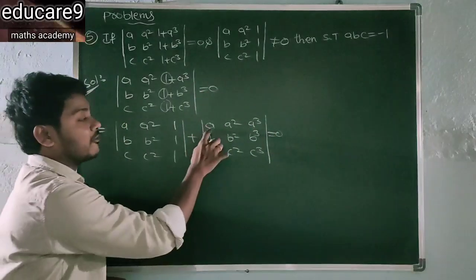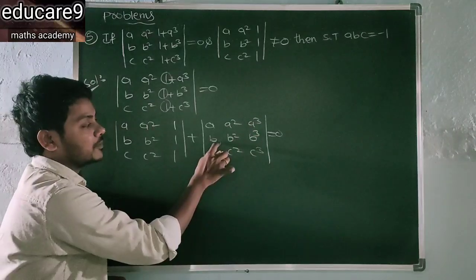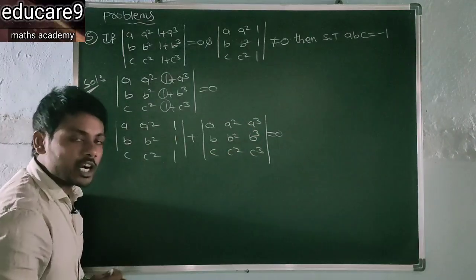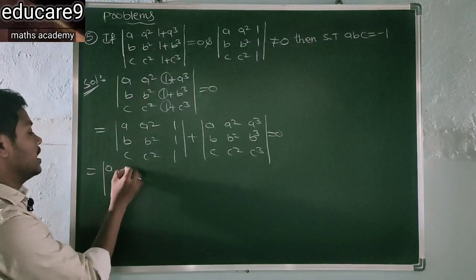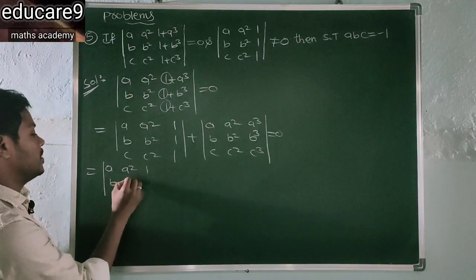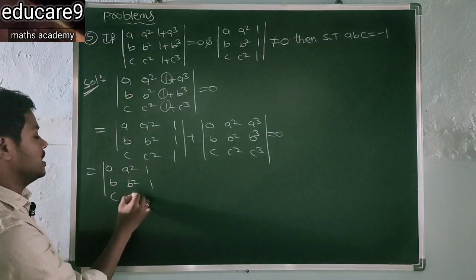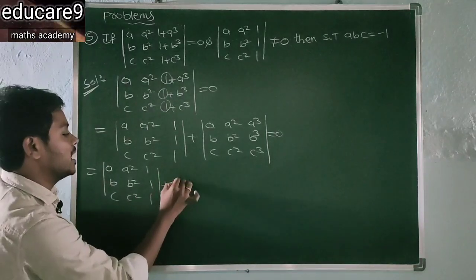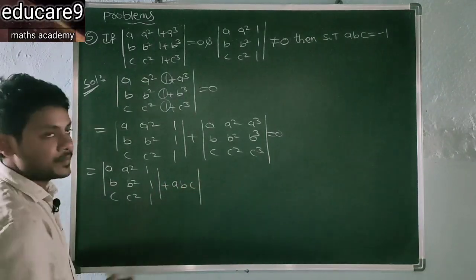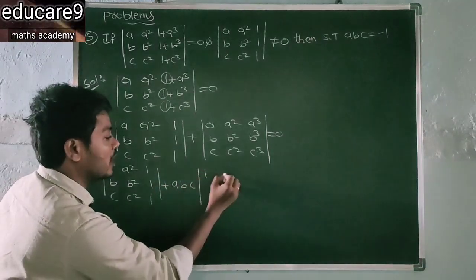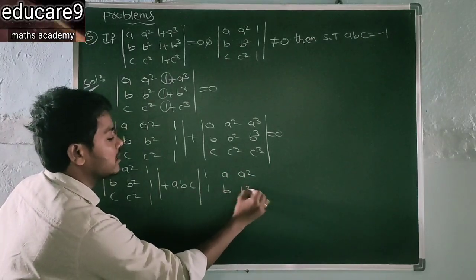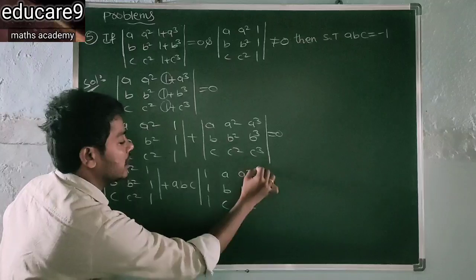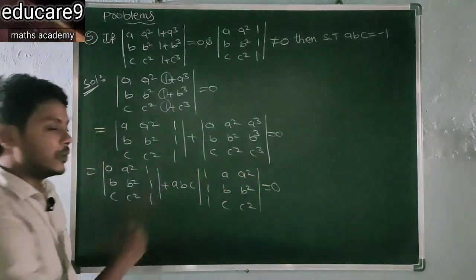So clearly from the first row a is common, from the second row b is common, from the third row c is common. So this is a square 1, b square 1, c square 1, plus abc is common. So what will you get? 1 a square, 1 b square, 1 c square is equal to 0.